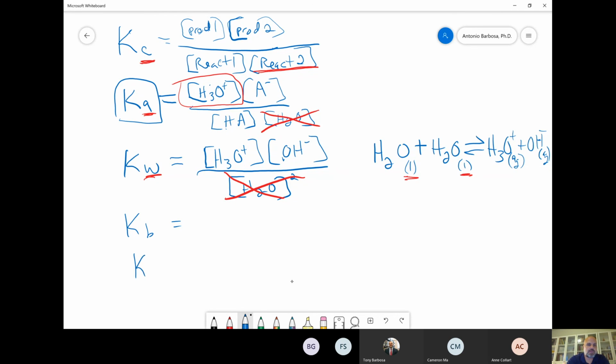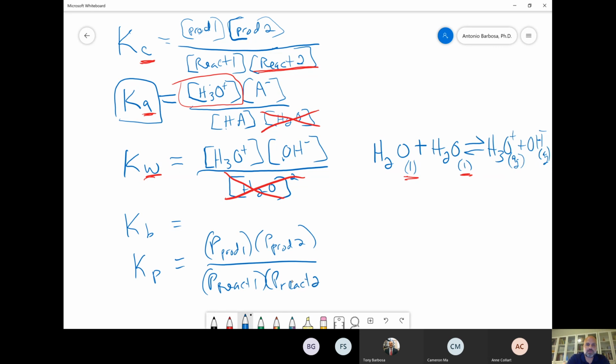Okay, KP is the exact same thing. The only difference is we have the pressure of product one times the pressure of product two, all divided by the pressure of reactant one times the pressure of reactant two.